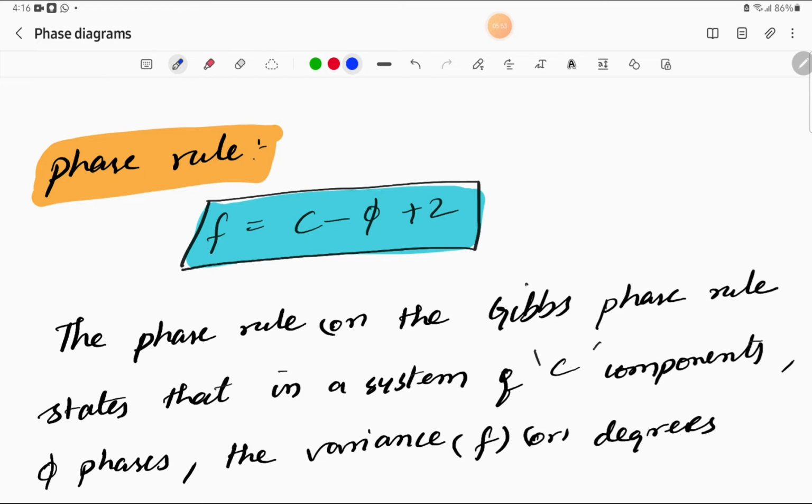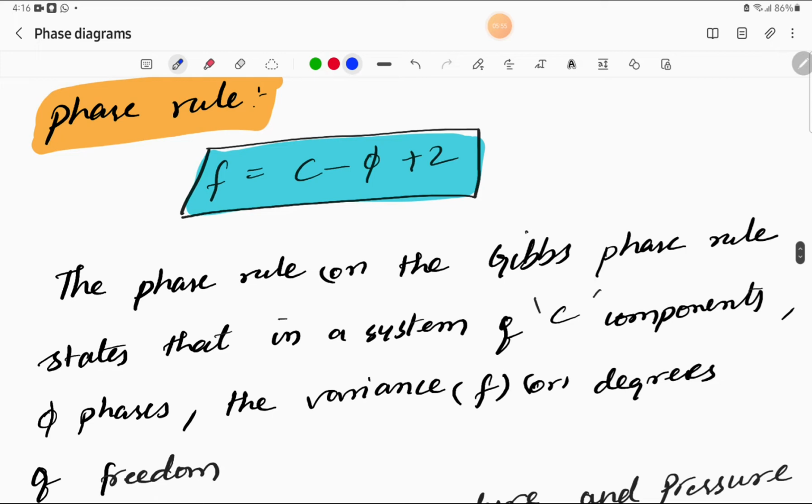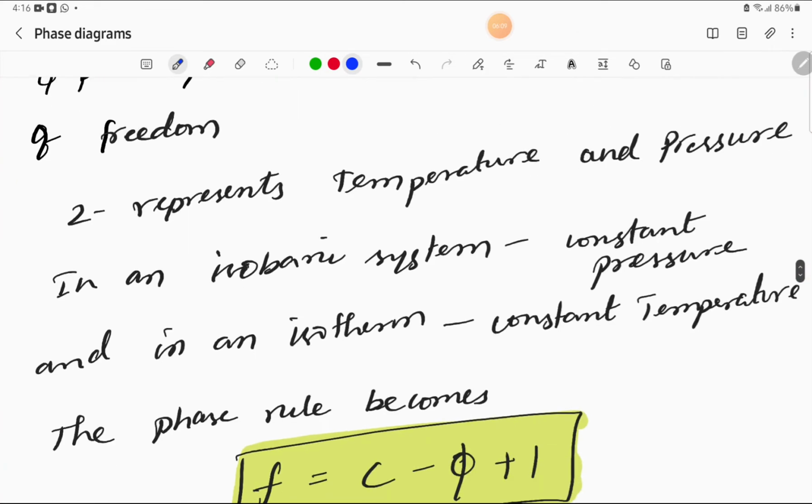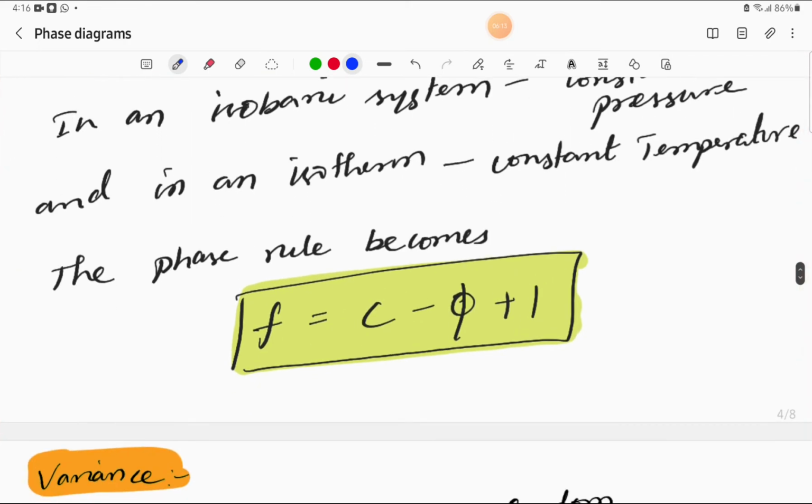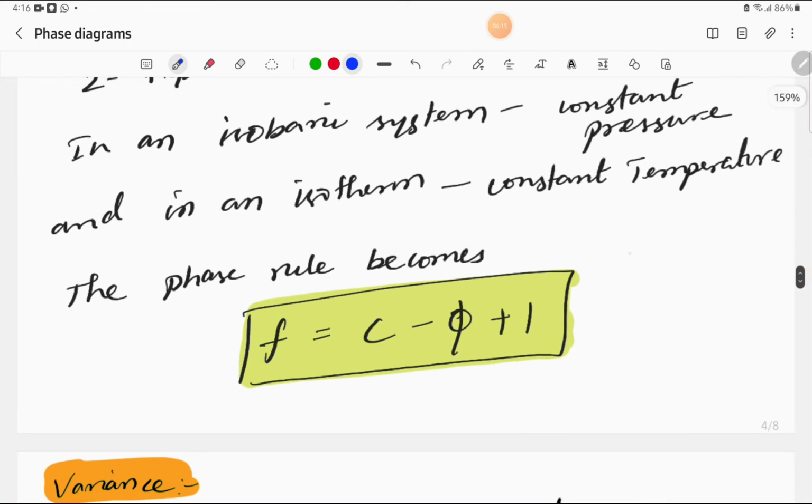The definition states that in a system of components, the degrees of freedom F is equal to component minus phase plus intensive variables, which are pressure and temperature. In some systems you will have constant pressure, like 1 atmospheric pressure, and sometimes you may have a constant temperature.